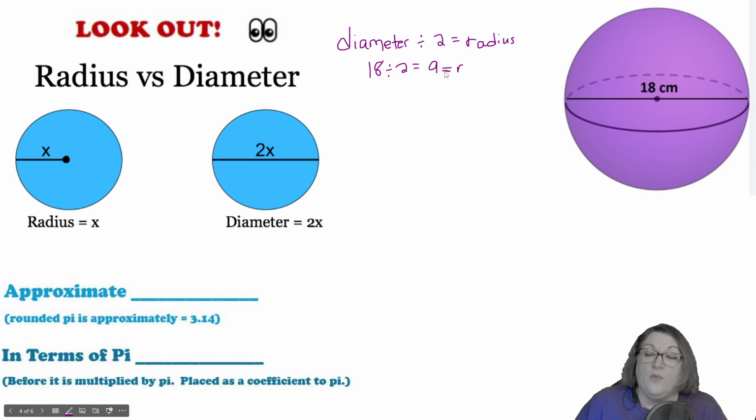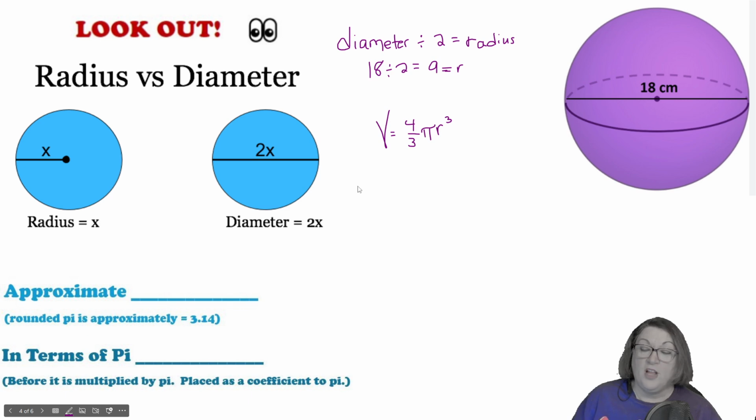Now that we know the radius, we can plug it into our volume formula for a sphere, which is 4/3 times pi times the radius cubed. So let's plug in our values. 4/3 stays the same.